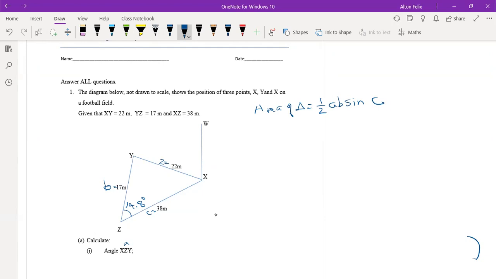So let's put that in the context of our question. In this triangle, we have B as 17, C as 38, angle Z, and small z as 22.